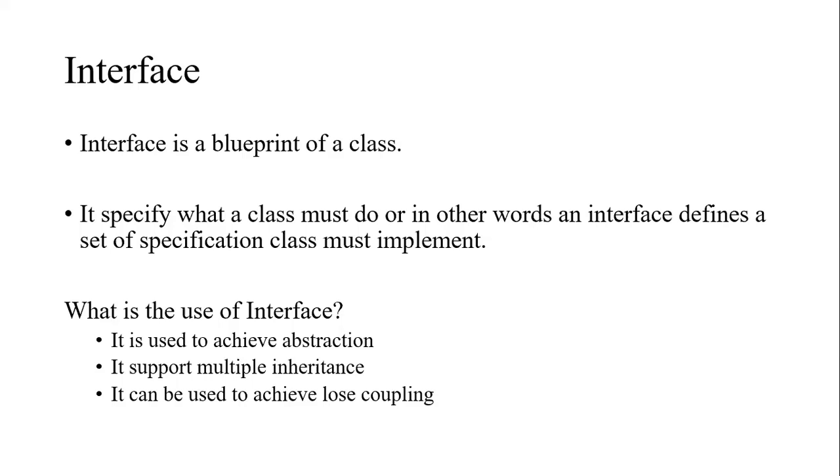Or in another way, if you want to know what exactly your program is going to do, if you look at just an interface, you can decide what exactly the program is going to do, right? Interface is nothing but a kind of menu for you, right? By looking at the menu only, you can decide what the other classes are going to do with respect to this particular program. So this is called loose coupling. Loose coupling in the sense there is not that much strong bonding between the classes and objects, right? That is software engineering terminology.